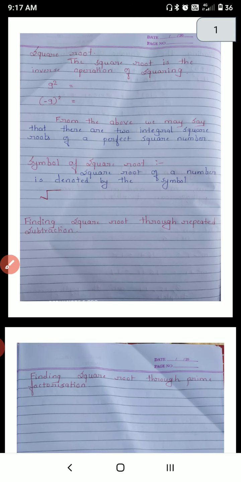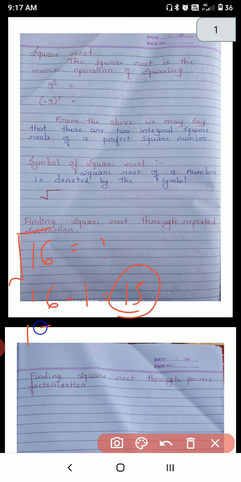Suppose 16 is the square of which number, that we have to find. So what we will do: 16 minus the first odd number, which is 1, you will get 15. Then 15 minus the next odd number, which is 3, gives 12.